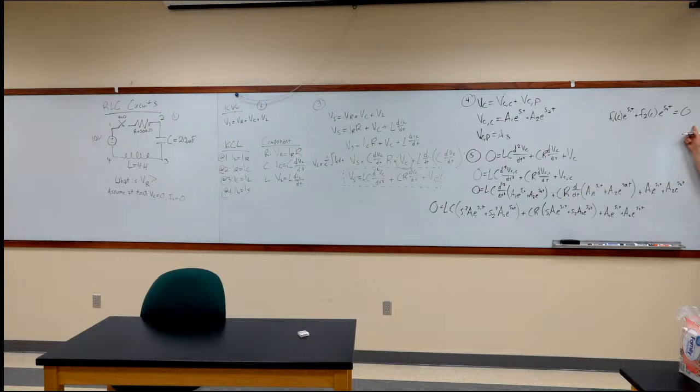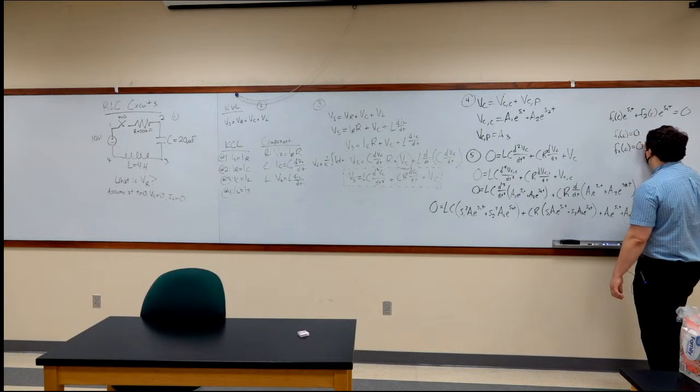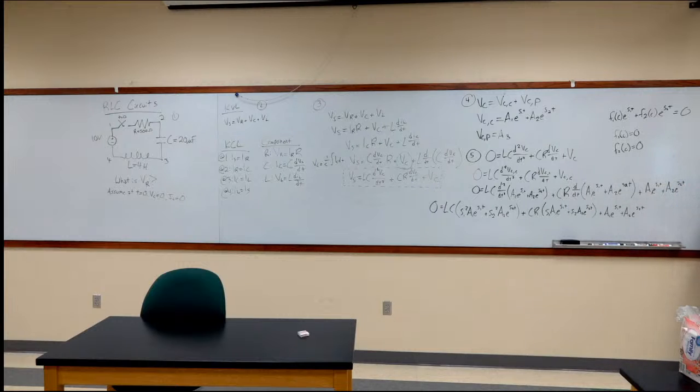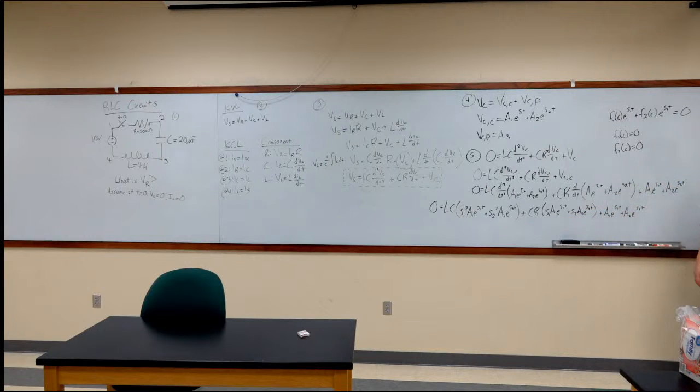In order for this to be true, the following must be true. There is absolutely no way that we can add two exponential functions multiplied by some constant, because that's really what all this comes down to. A2, A1, S2, S1, all of those are constants. They don't change with time. They're not time variant.